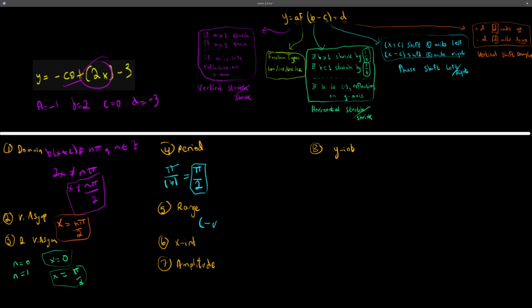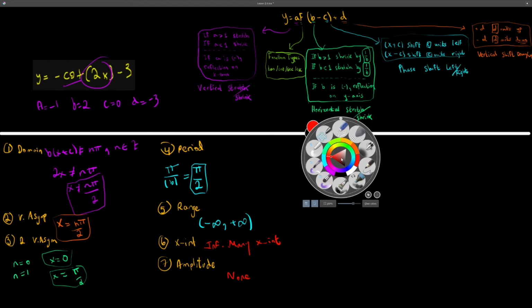So go ahead and write all real numbers, just like that. And since it's all real numbers, there's going to be an infinite amount of x-intercepts. So infinitely many x-intercepts. And then finally, the amplitude is none.